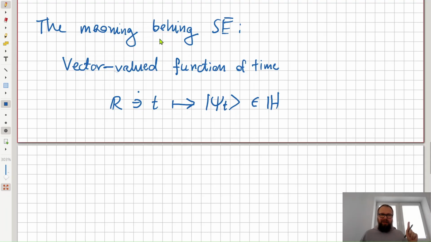So let me finish the meaning. A vector valued function of time. So this is time, this is the value, which is a vector.